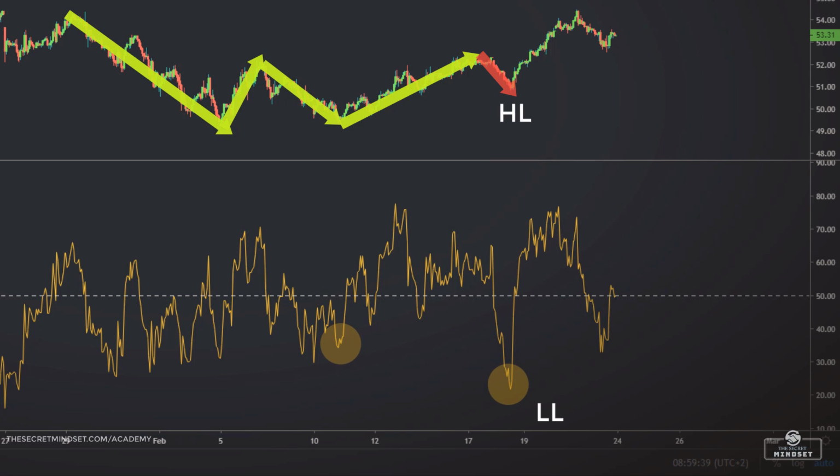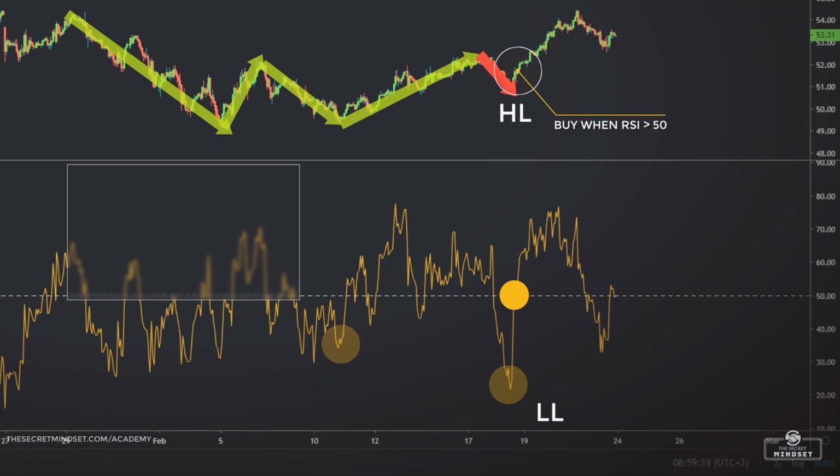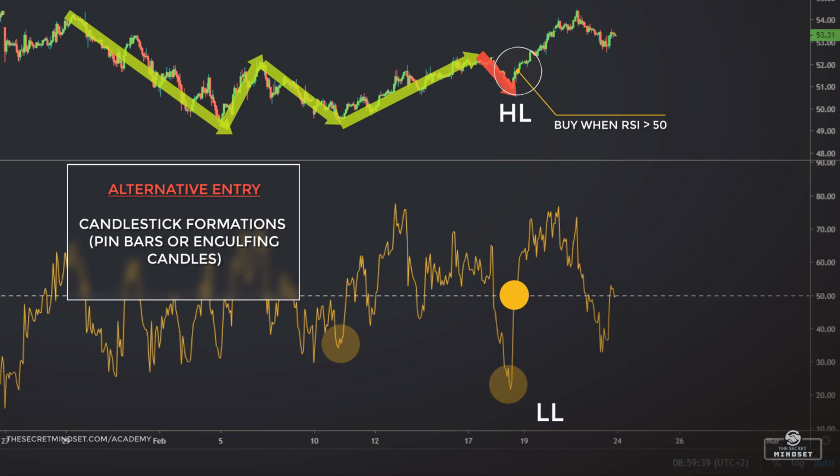One of the ways to trade the hidden bullish divergence is to wait for the RSI to cross its 50 level. Also, pay attention to candlestick formations. Pin bars and engulfing candles are great confirmation patterns that bulls are prepared to push price higher.